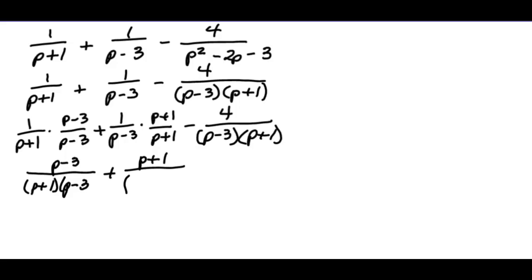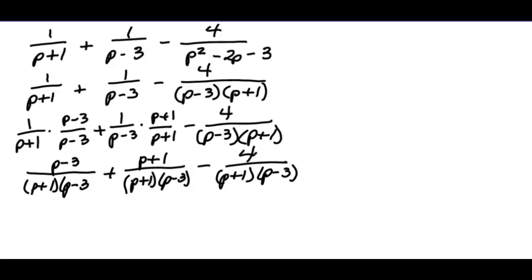And I'm going to reverse the order there. I'm going to put it p plus 1 times p minus 3. And then I'm going to subtract 4 over, and I'll rewrite that denominator because I'm allowed to do that, as p plus 1 times p minus 3. That way my common denominator looks the same.